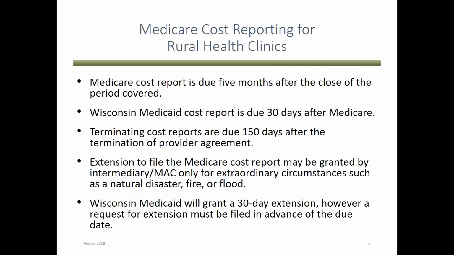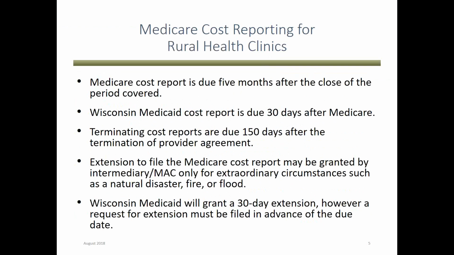The Medicare cost report is due 5 months after the close of the cost reporting period covered. So for example, for a cost reporting period ending on December 31st, a rural health clinic cost report for Medicare purposes is due on May 31st. The Wisconsin Medicaid cost report, however, is due 30 days after the filing of the Medicare cost report.